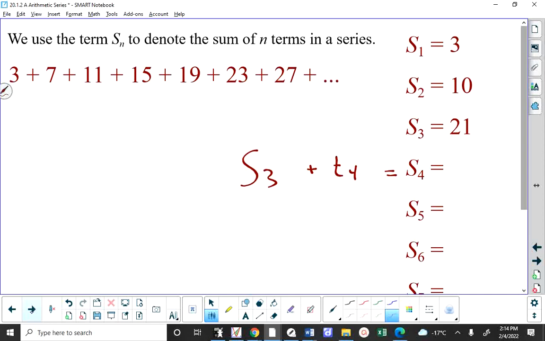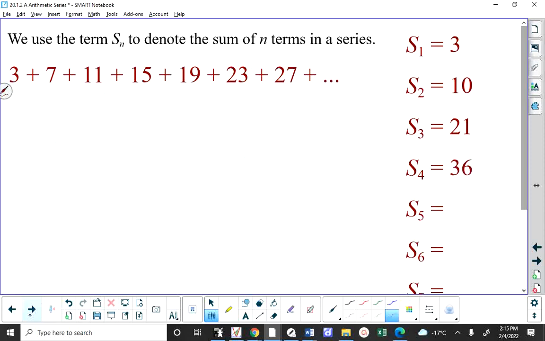S4, the sum of the first 4 terms, is S3, which is the sum of the first 3, plus T4, which is the 4th term. In other words, everybody, look, you already know that this is 21. So how are you going to find this total? You can go back and go 3 plus 7 plus 11 plus 15, or you could say it's 21 plus 15.